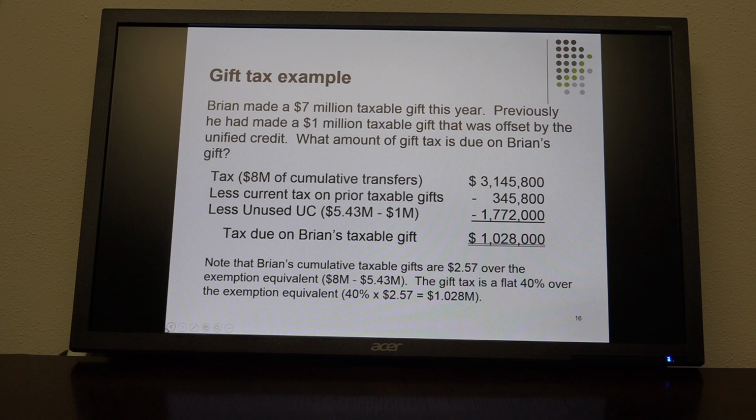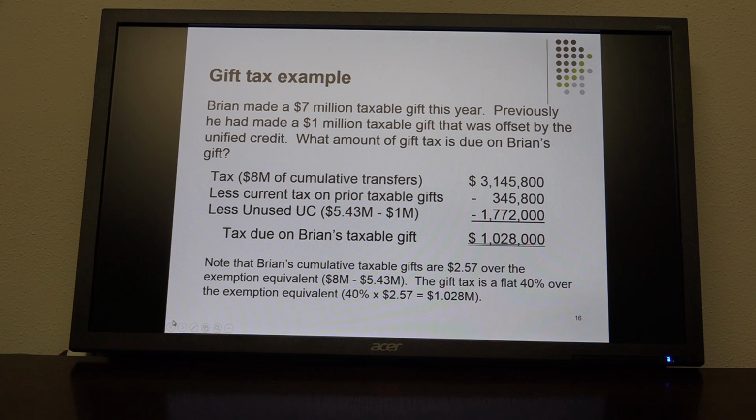You can come at it by figuring that 8 million minus 5.43 million, the excess over the exemption equivalent, is 2.57 million, and you simply take that excess and multiply by 40%. Either way, you come to the answer of $1,028,000. I think that's what I was trying to point out.